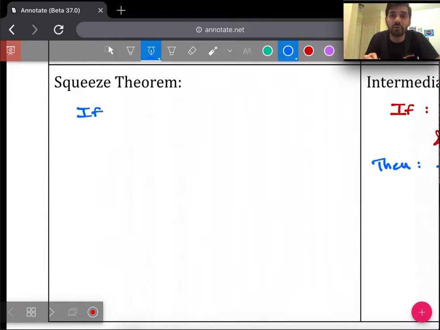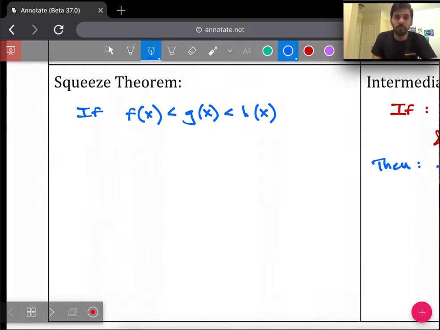if you have three functions such that, I'll use f of x is less than g of x is less than h of x. So you have these three functions, f, g, and h.